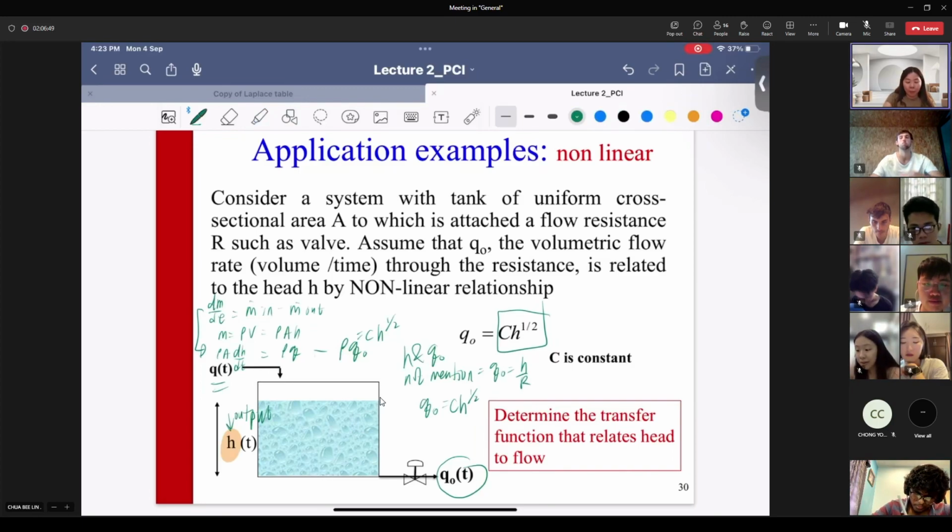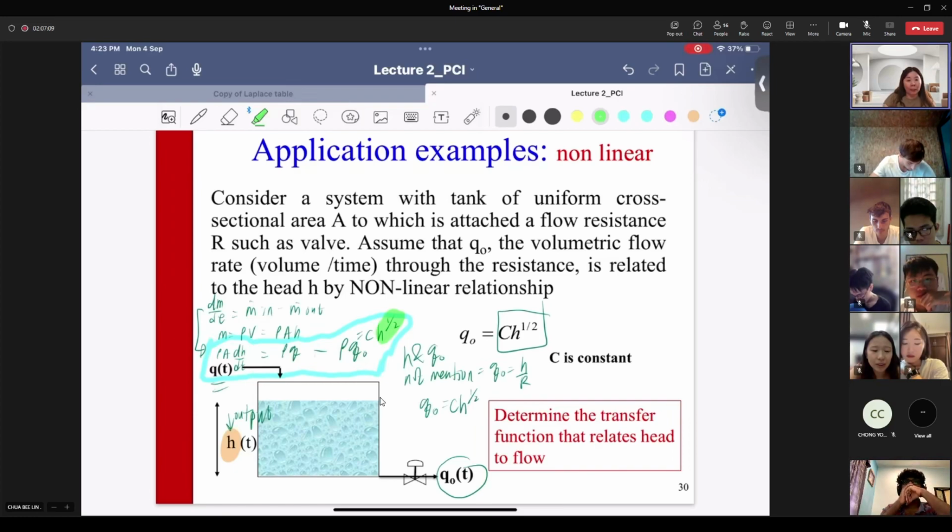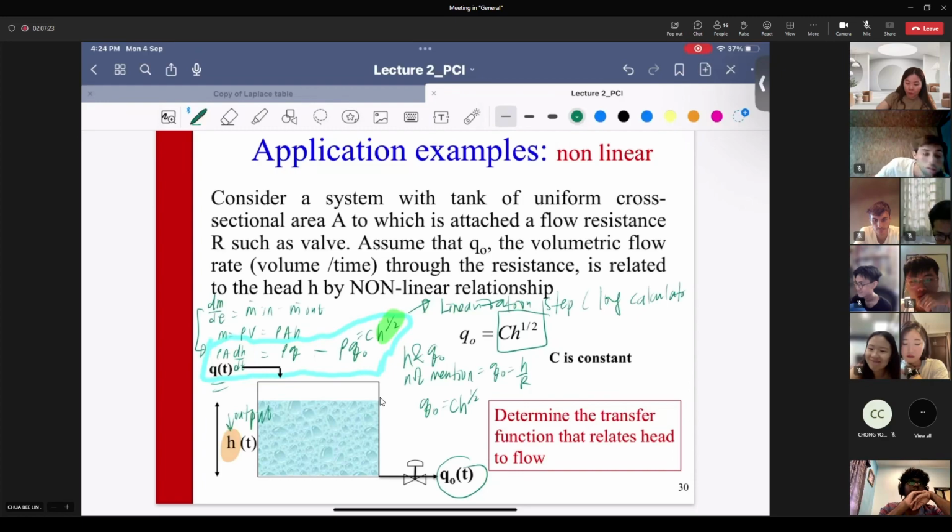It must be power to 1. So in this case, the equation of H is not power to 1. It is power to 1 over 2. Hence, you have an additional step we call the linearization step, a long calculation, to make this H power to 1 over 2 into H power to 1.